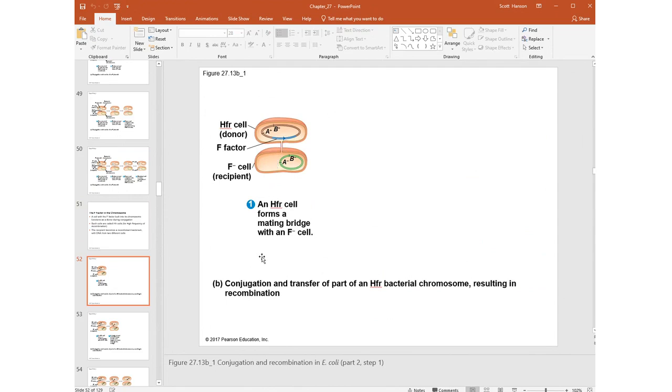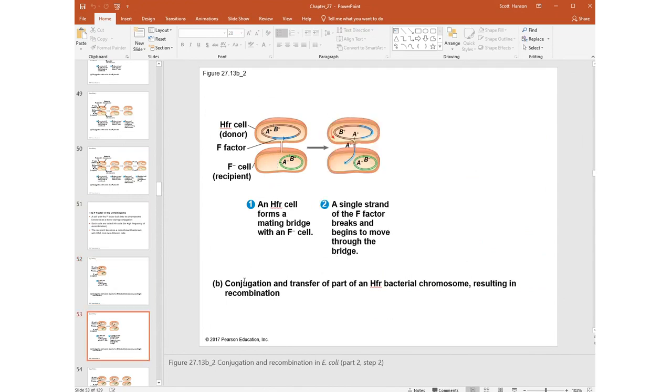Then a single strand of the F factor breaks, detaches, is replicated from the original chromosome, and begins to move through the bridge to the recipient cell.